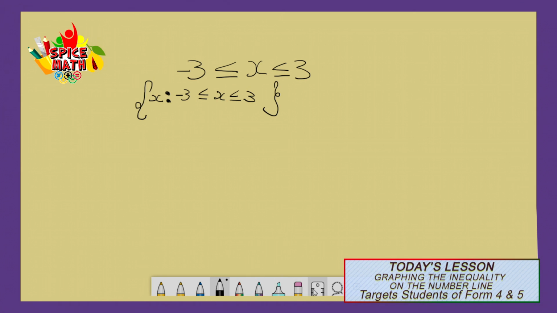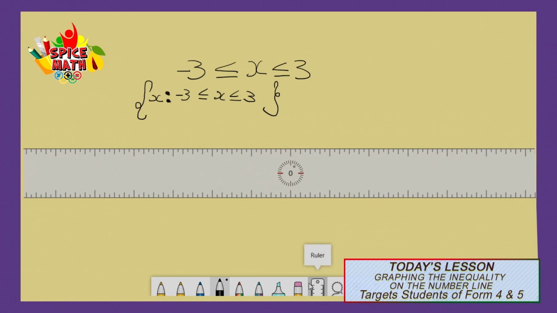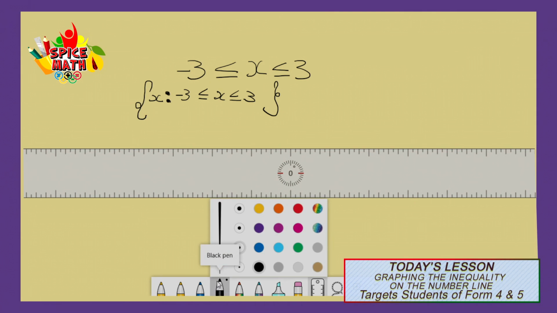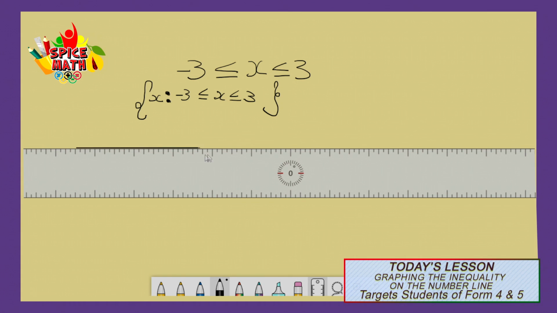I would like you to grab your ruler because I'm going to do the same thing as well. And we are going to calibrate a number line. So with your ruler on your page, we are going to draw a straight line, an arbitrary line. That would be our number line.